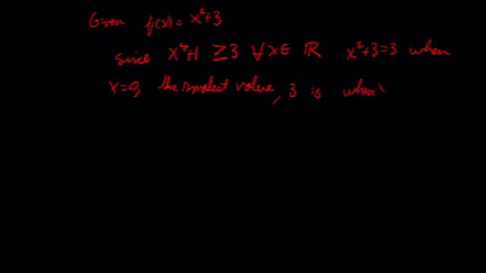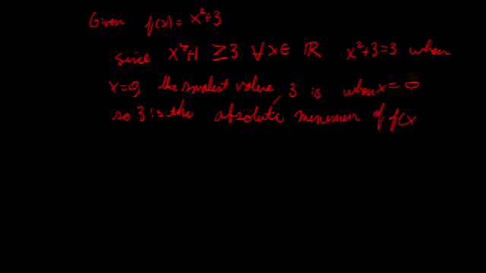So 3 is the absolute minimum of f of x equals x squared plus 3. And we call these absolute extrema.